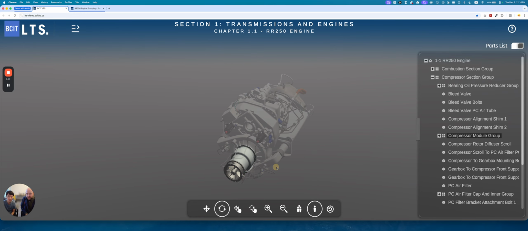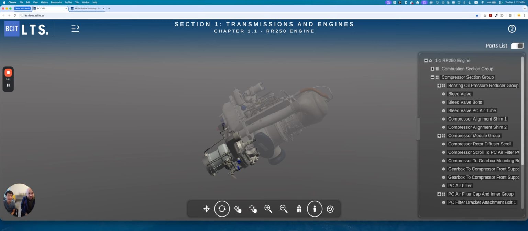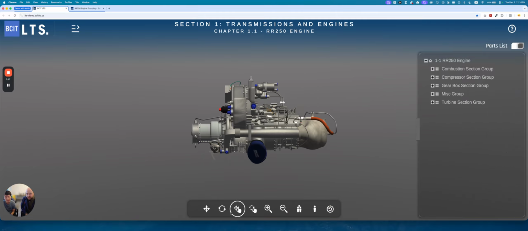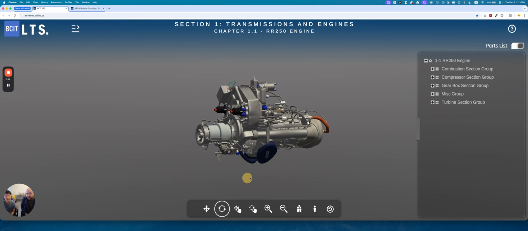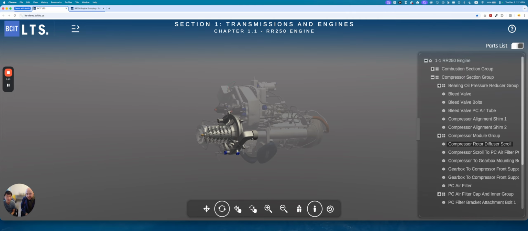The student can highlight different parts of it, the combustion section or the compressor section, a sub-assembly of the compressor section, and reset it all if they get confused. And being able to highlight just the diffuser scroll and see that with everything else faded out in 3 dimensions is really valuable, right? So again, a great introduction tool.